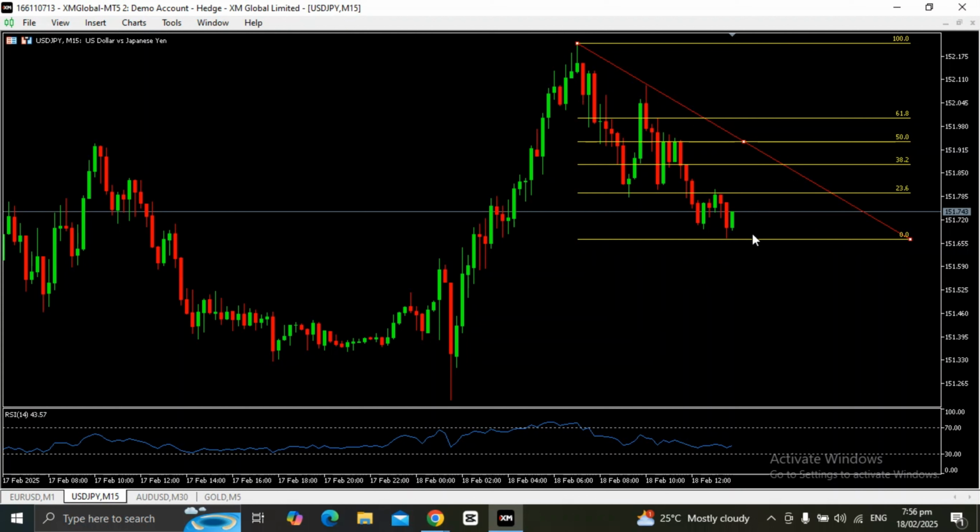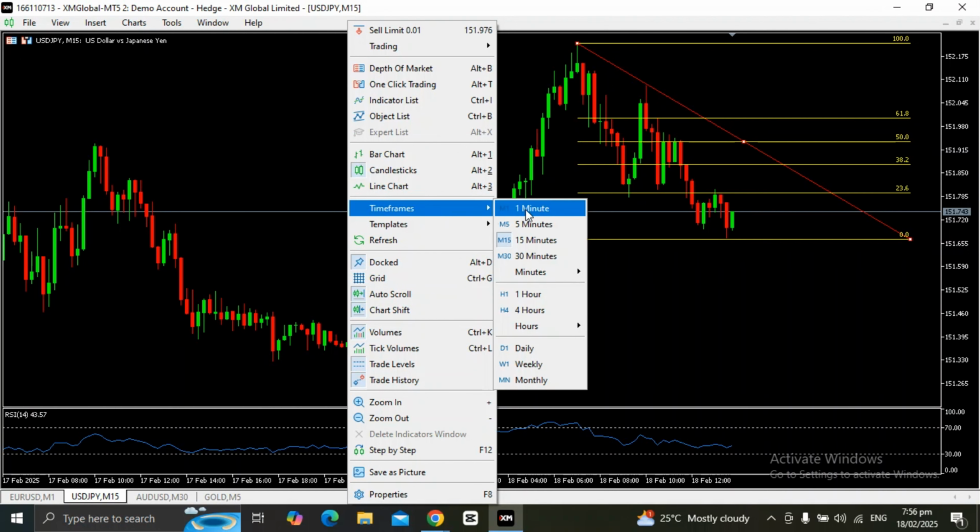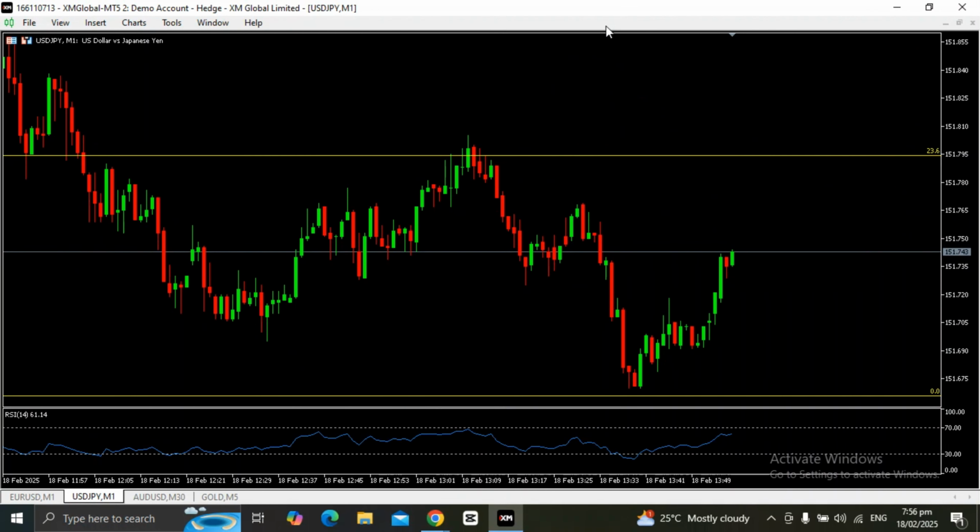so as you can see, RSI here is beginning to move up. Let's check the 1-minute chart. Okay, so this is the 1-minute chart.